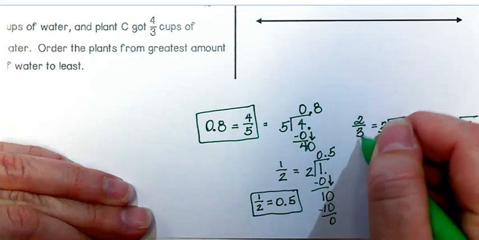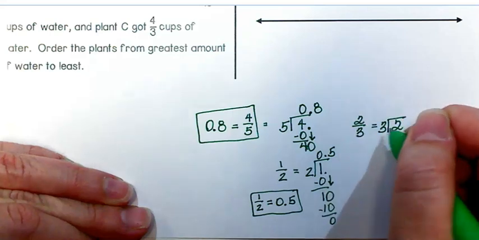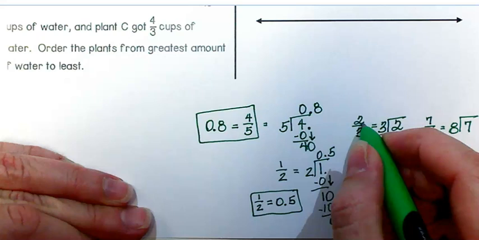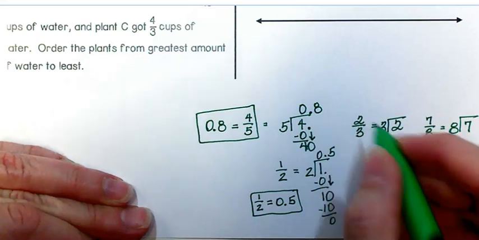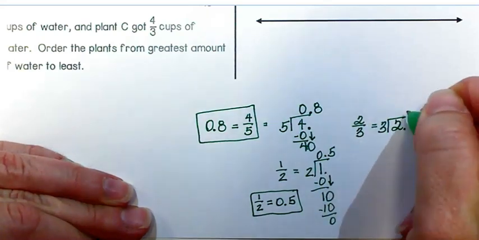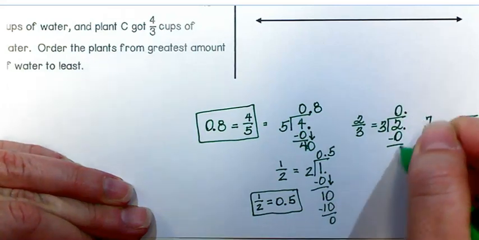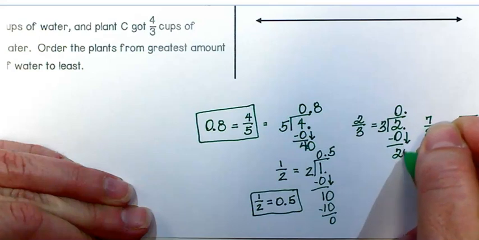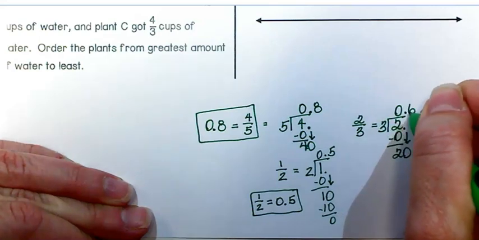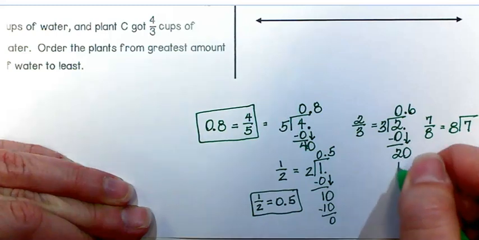2 divided by 3, or 2/3. The top number, the numerator, always goes inside. Top dog in the house, if y'all remember. Decimals right here. 3 will not go into 2. Bring down a 0. 3 will go into 20 6 times. 6 times 3 is 18.